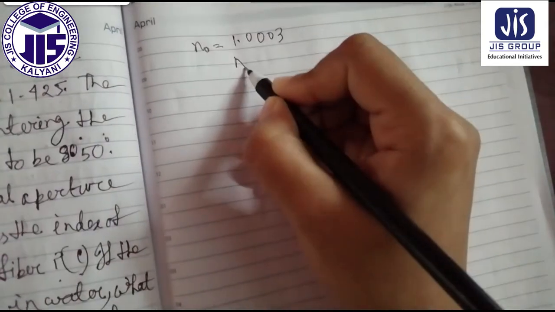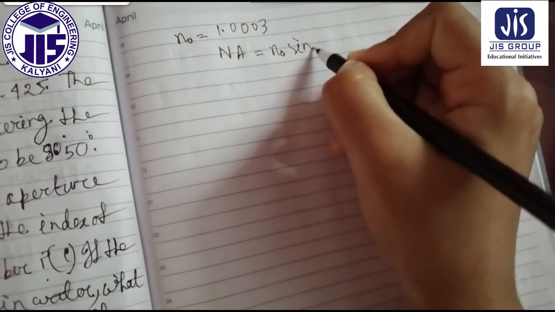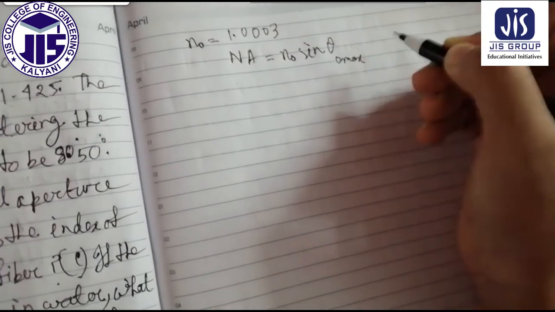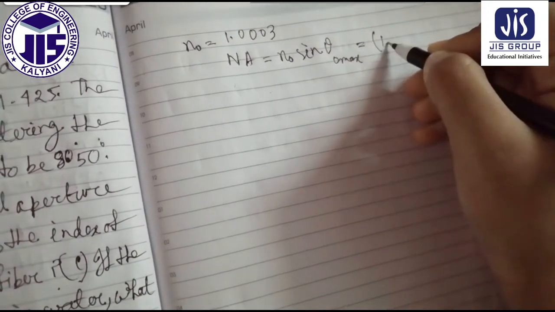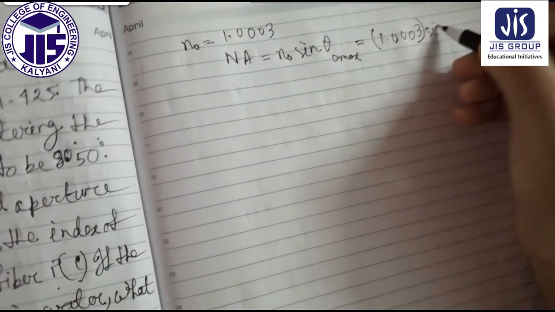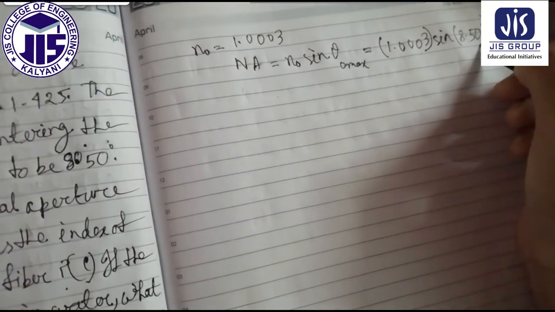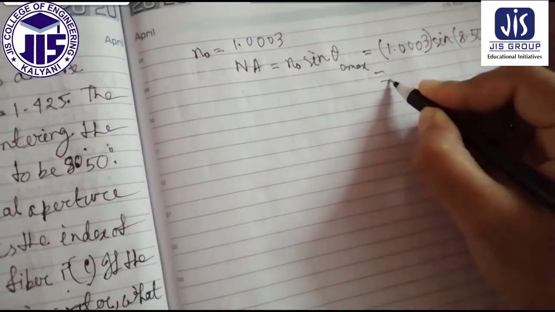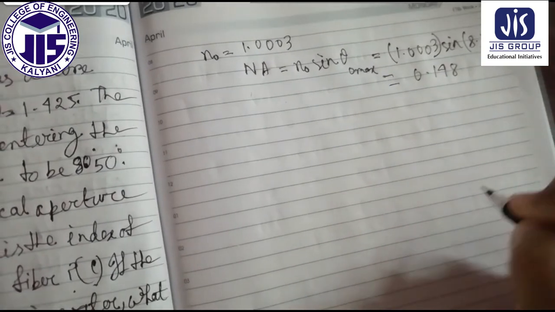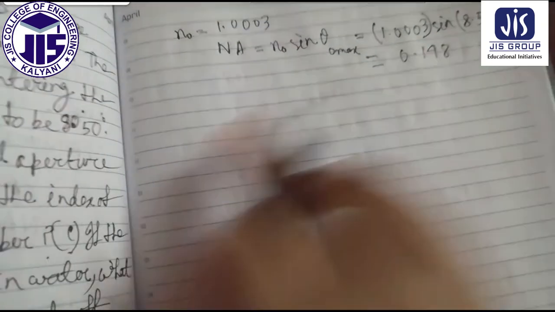Therefore, the numerical aperture NA equal to n0 sin theta 0 max, which is equal to 1.0003 sine of 8.50 degree. That will be equal to 0.148. So 0.148 is the numerical aperture.